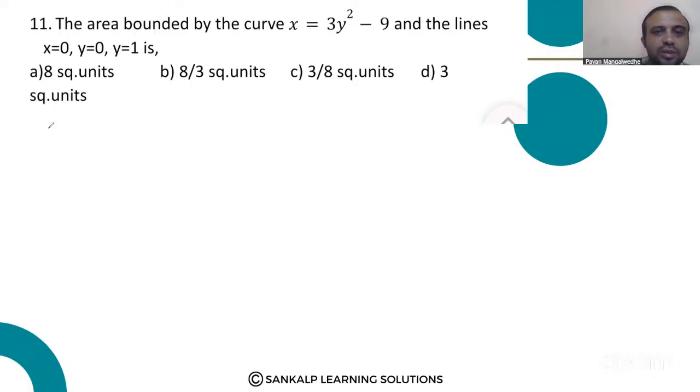So options are given. Okay, 5 to 10 seconds time for you. If you are having the fast method of calculation, you can try. I'll give the hint, just try to calculate it by the definite integral.